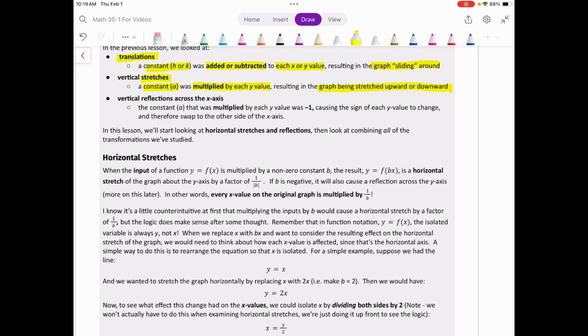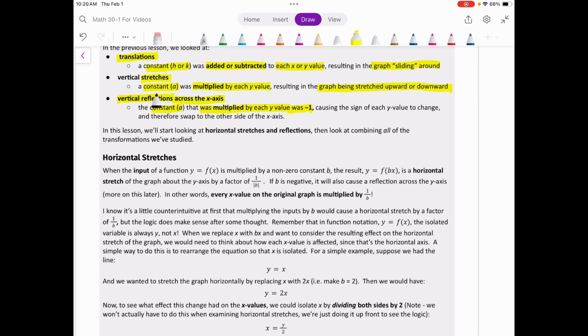And then very closely related to those vertical stretches were vertical reflections across the x-axis, right? And those occurred, remember, when that constant, a, that we were multiplying each y value by, was negative. For most of the ones we looked at in the previous lesson, a was just -1, but that's because at that time we were still just doing a reflection and not a reflection and a stretch.